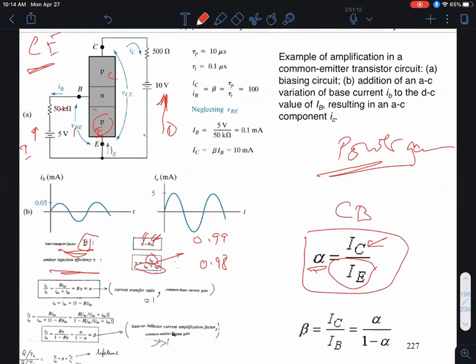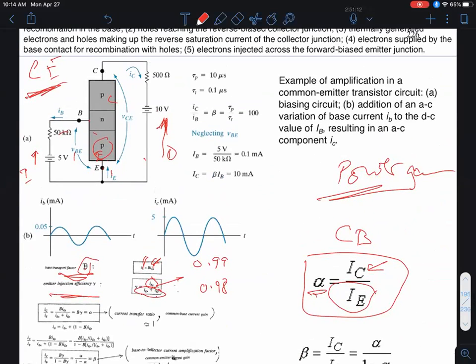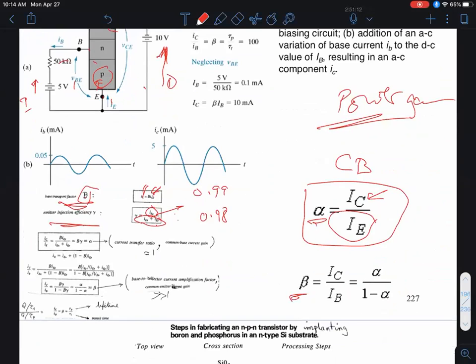Instead, you generally operate the thing in the common emitter mode, where you have a current gain beta, as I mentioned, with output current IC, but the input current is not IE, but IB. That's my input current over here. And simple algebra shows that ratio can be very, very large, several hundred. If you go to the math, that works out to alpha over 1 minus alpha, where alpha itself is very, very close to 1.